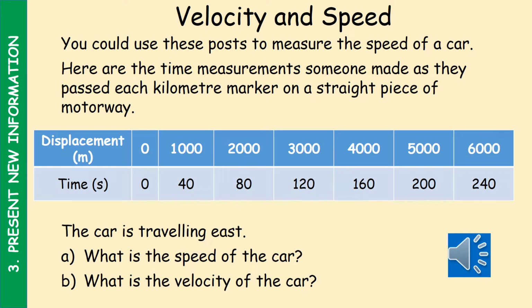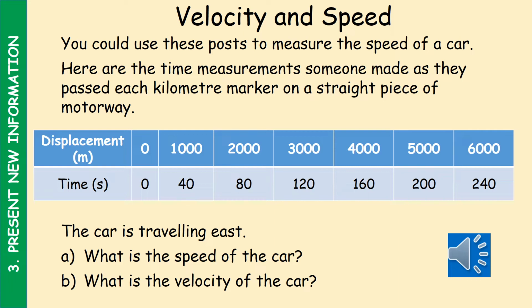I've asked you what's the speed of the car and what's the velocity of the car. Now you should know that the speed, which you've learned in maths, is the distance divided by the time. So you're going to be doing 1000, which is the distance, divided by 40, which is the time, which will be 25 meters per second.